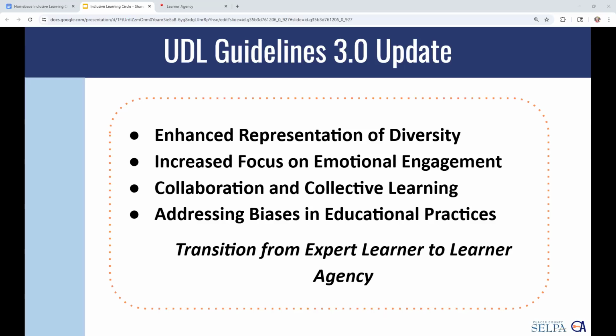Included in the update is enhanced representation of diversity. That's the encouragement to be authentic and to represent a variety of perspectives and identities in learning materials to create an inclusive environment for all students. That's the focus of the enhanced representation of diversity.